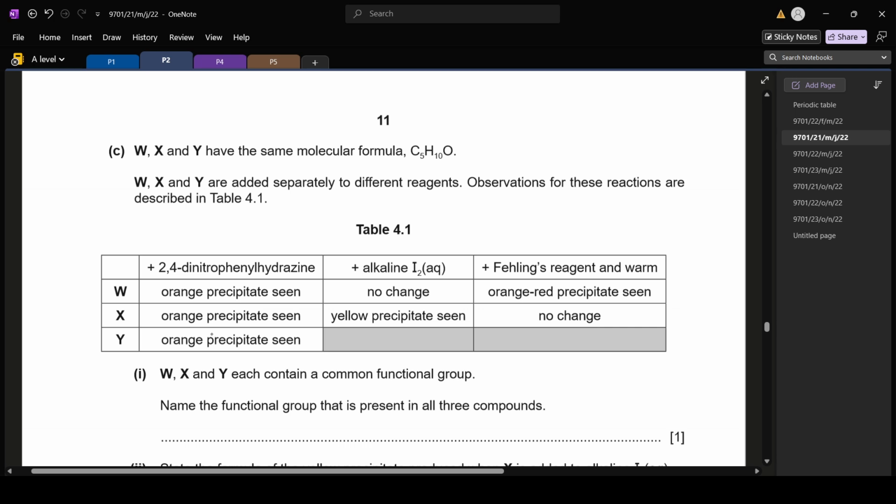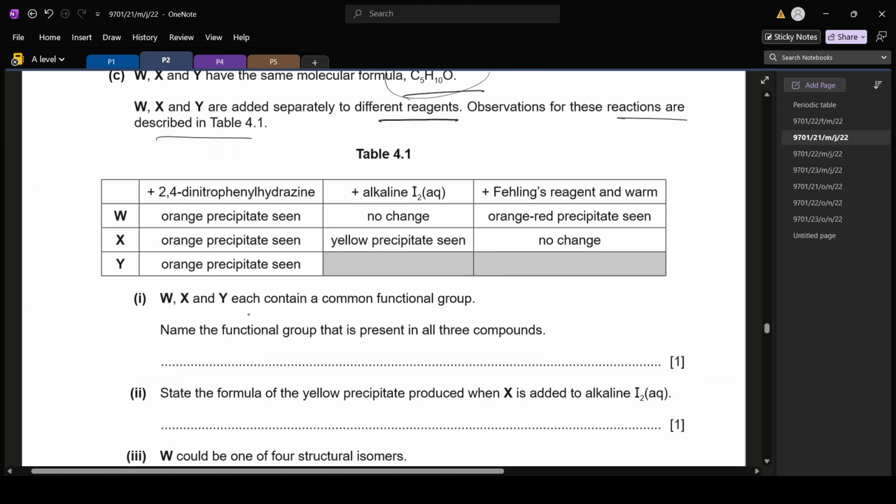Part C. W, X and Y have the same molecular formula, C5H10O. W, X and Y are added separately to different reagents. Observations for these reactions are described in table 4.1. W, X and Y each contain a common functional group.